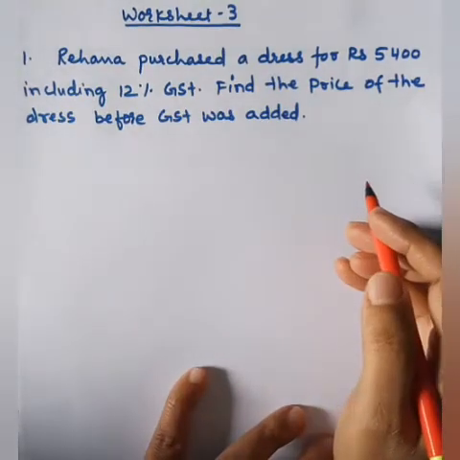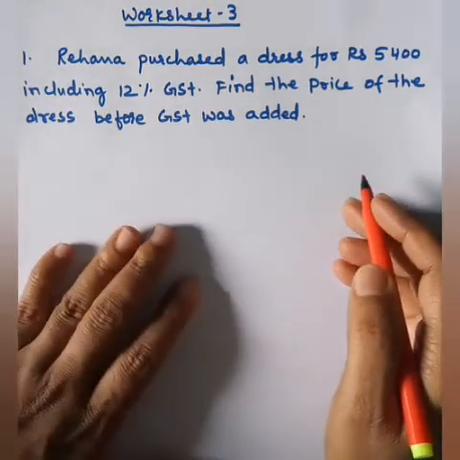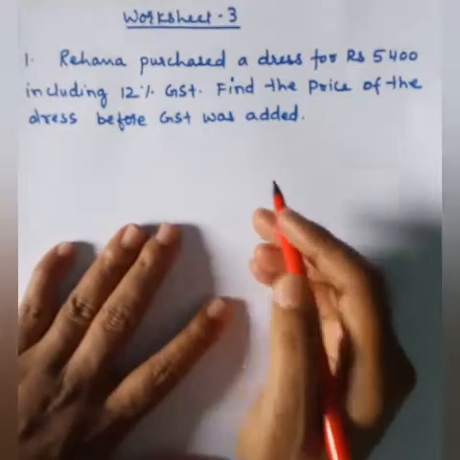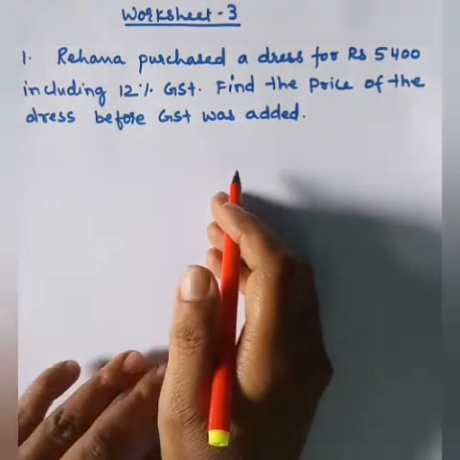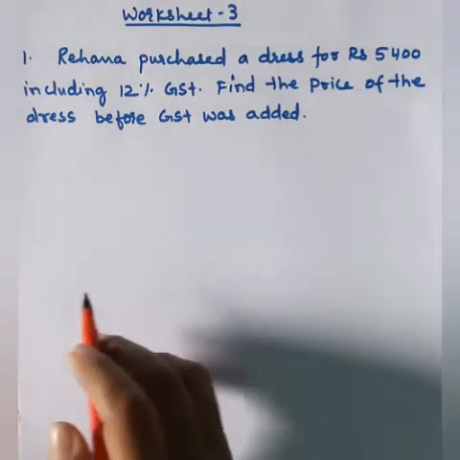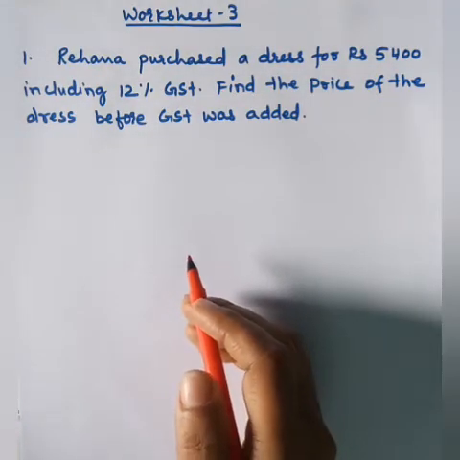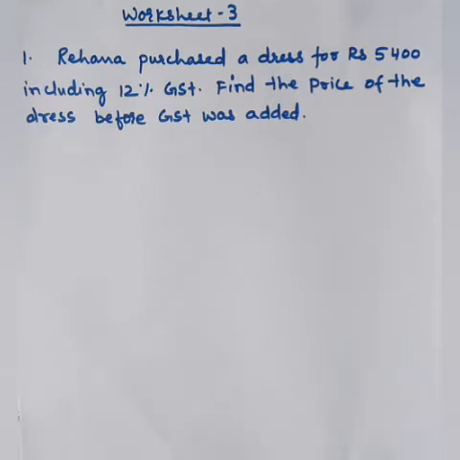Now let us see the first question of worksheet 3. Okay, first of all I am reading the question. Rehana purchased a dress for rupees 5400 including 12% GST. Find the price of the dress before GST was added.